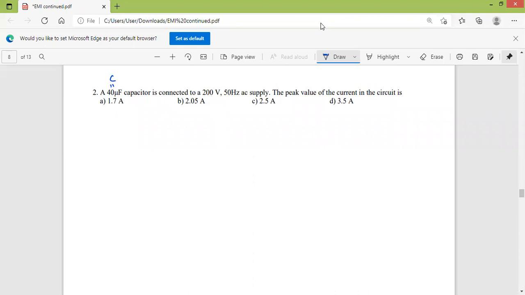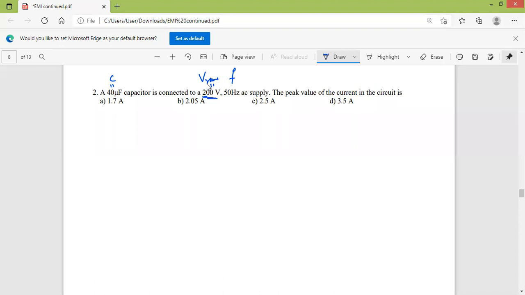Capacitance is given as 40 microfarad, VRMS is equal to 200 volt, and frequency is 50 hertz.